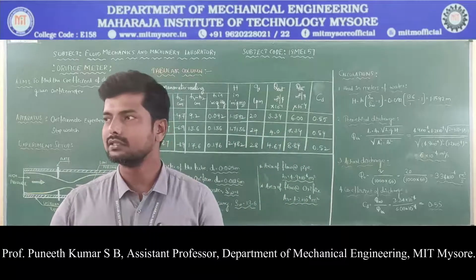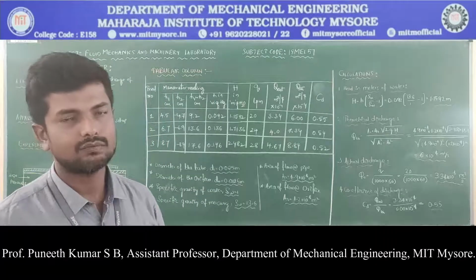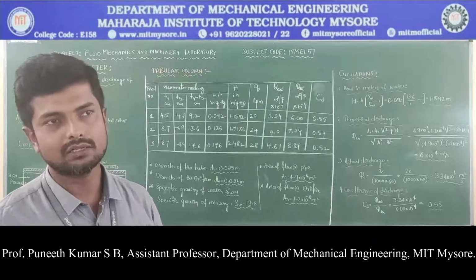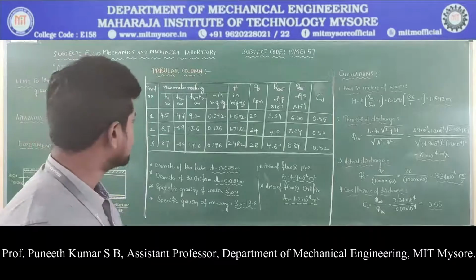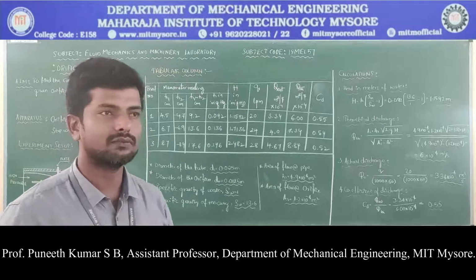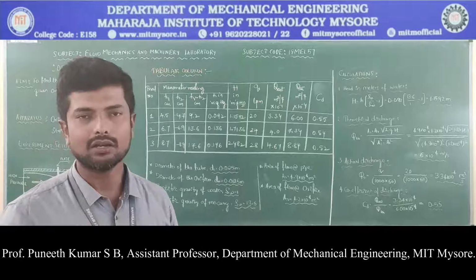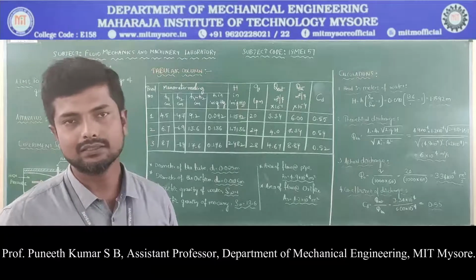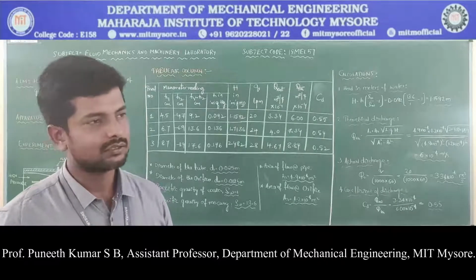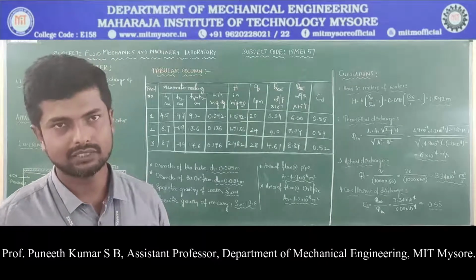Today we are discussing a flow measuring device for closed channel flow. Generally used closed channel flow meters are the venturi meter, orifice meter and nozzle meter. Now we have taken the topic of orifice meter.